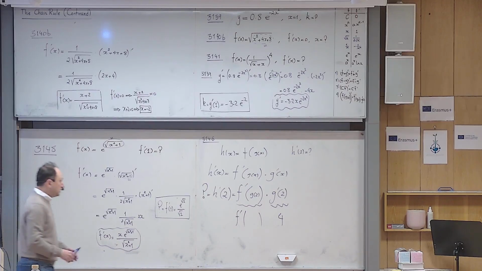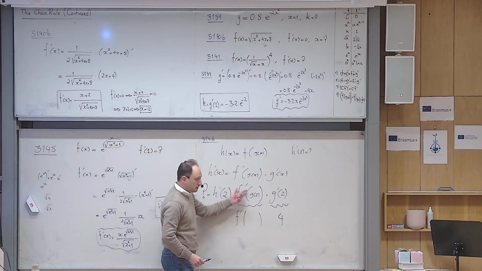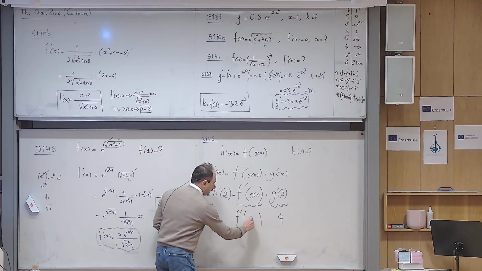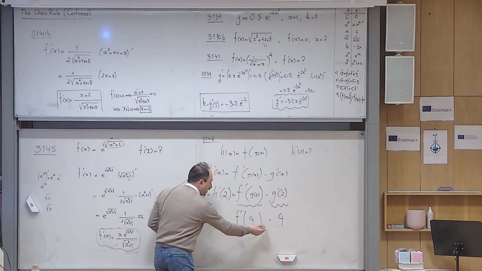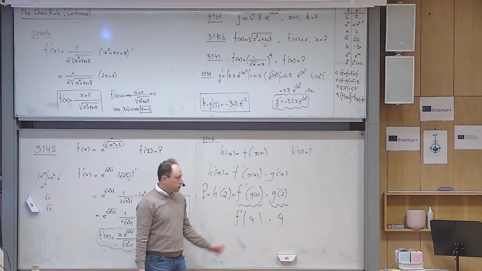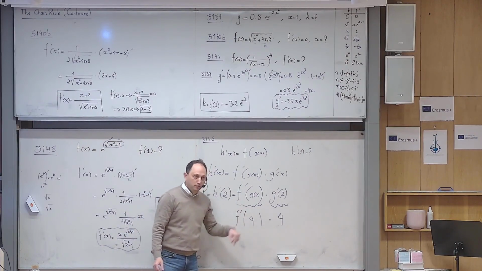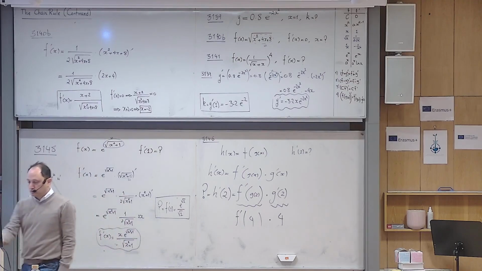Okay, so now it is a two-step task. So this is 4. But it is not finished because now I need f prime of 4. So I have to refer to the graph of f prime this time. So f prime is this red line. But I need f prime of 4.